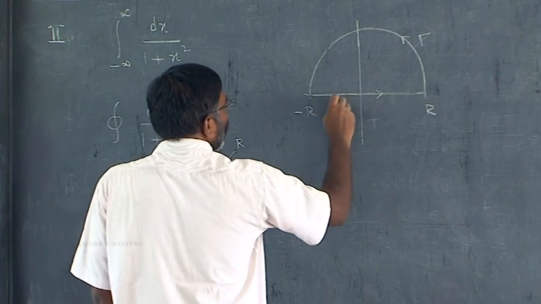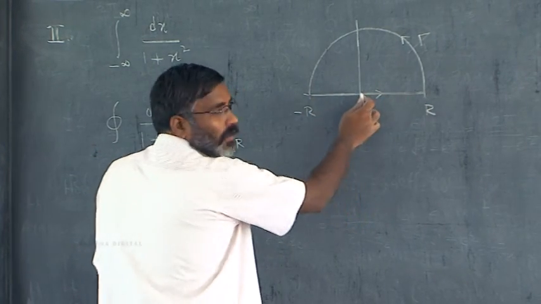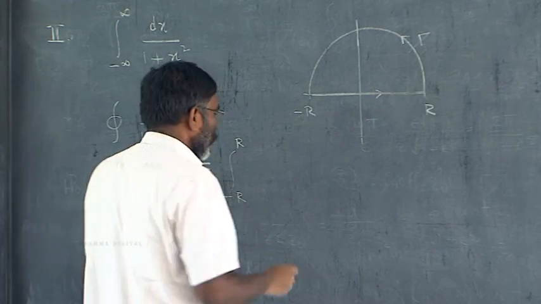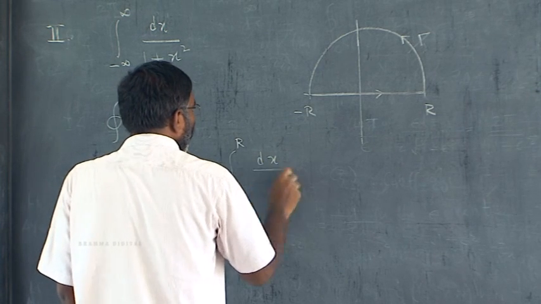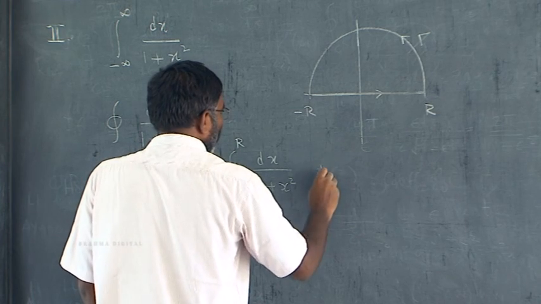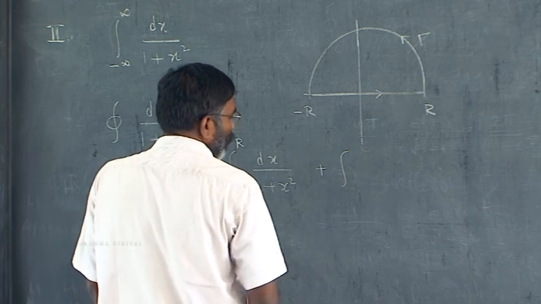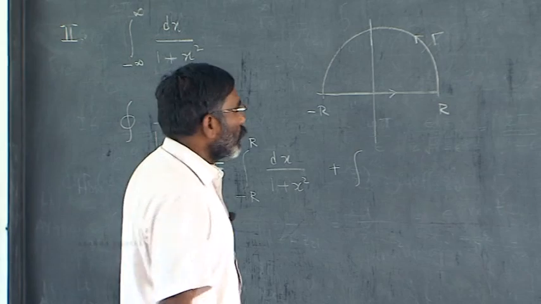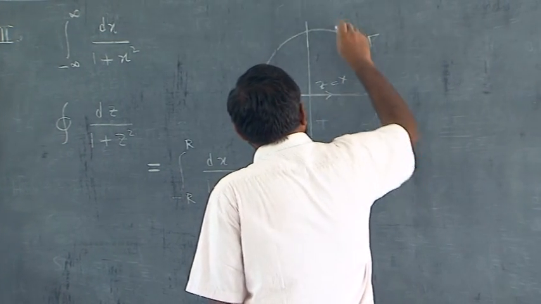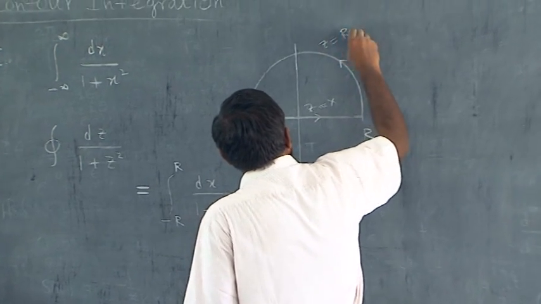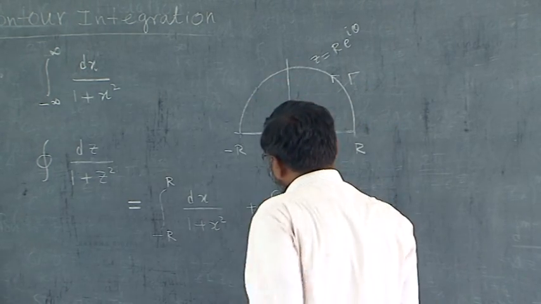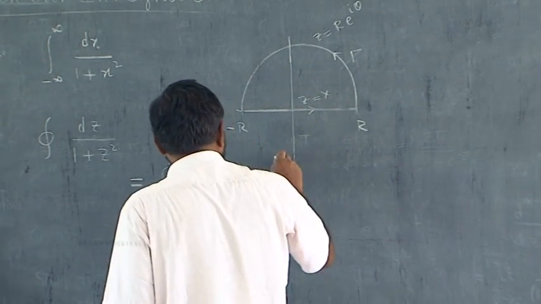On this, what will be value of z? Z equal to x, because there is no imaginary part, z equal to x. So this is dx divided by 1 plus x square plus integral over gamma. On gamma, on this z equal to r into e power I theta. R is fixed everywhere, only theta will change. So theta will go from 0 to pi.